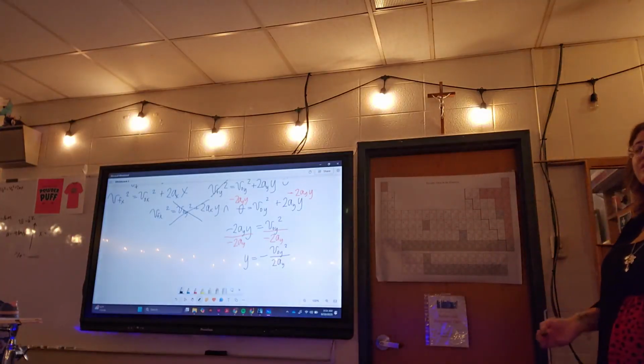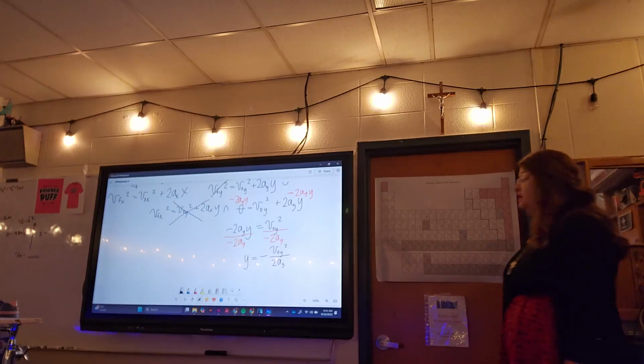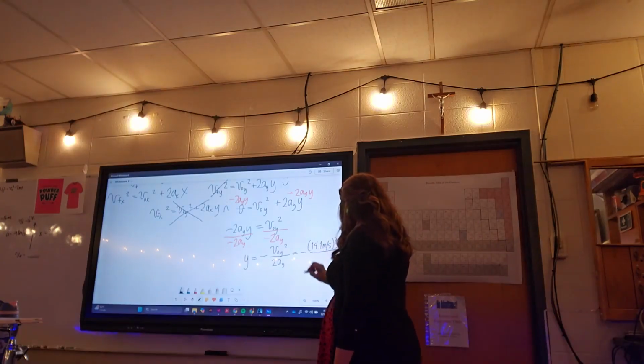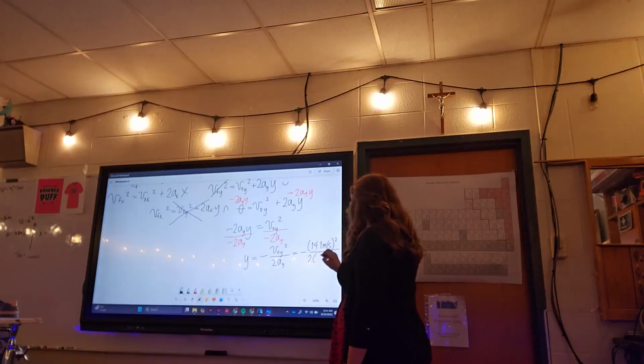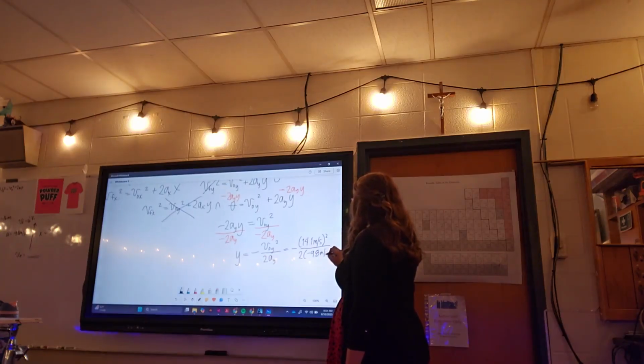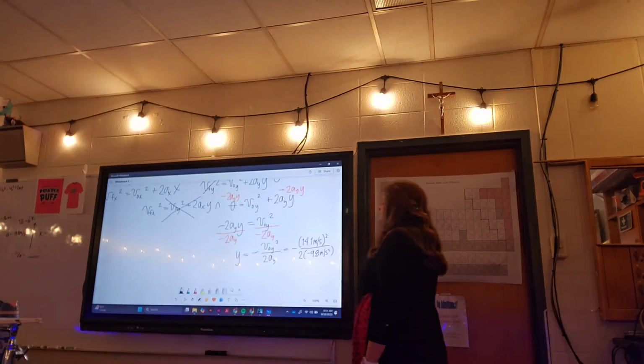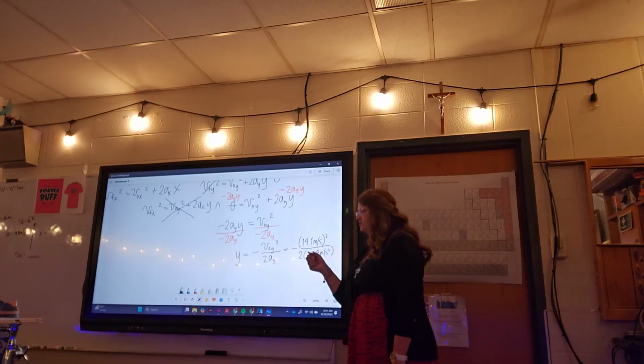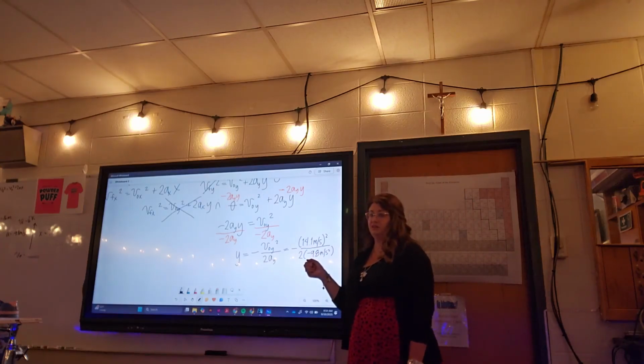Now that I've done this, I can put my numbers into my formula and get an answer. 14.1 is my velocity. My acceleration is negative 9.8. So here's where you can double check if you got the right answer when you chose the plus or the minus for the acceleration.